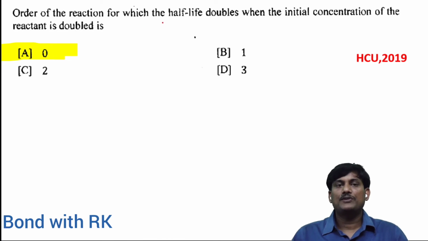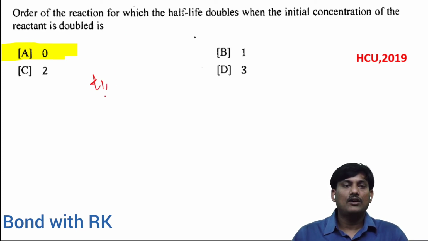Order of the reaction for which the half-life doubles when the initial concentration of the reactant is doubled. So there is a relation between t half and initial concentration: t half is proportional to 1 by A power of n minus 1. Let's take at T2, the initial concentration is A2. At T1, the initial concentration is A1.